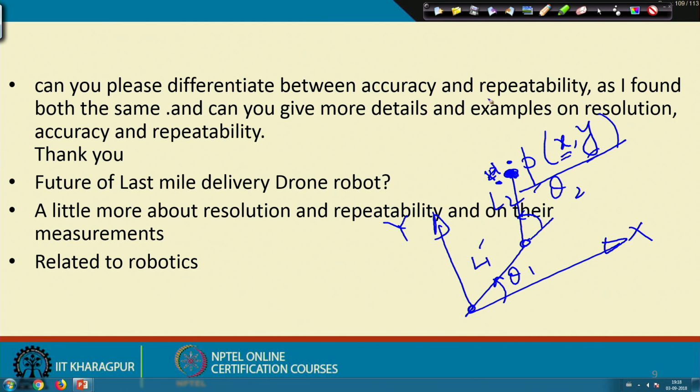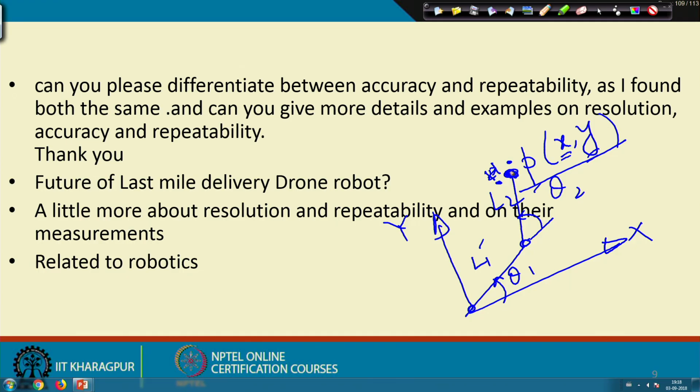Now, suppose that using some teaching methods, I have already taught a robot to reach a particular point. For example, I have written the VAL programming for a Puma series robot. Now, if I want to run that particular command 20 times, the first time I will get some position of the end effector, second time another position, third time another position, and there is absolutely no guarantee that every time you will get exactly the same reached position.